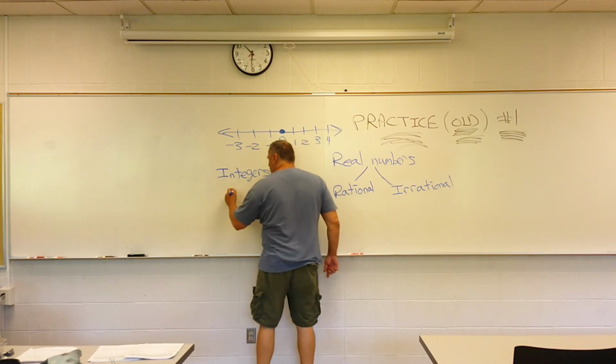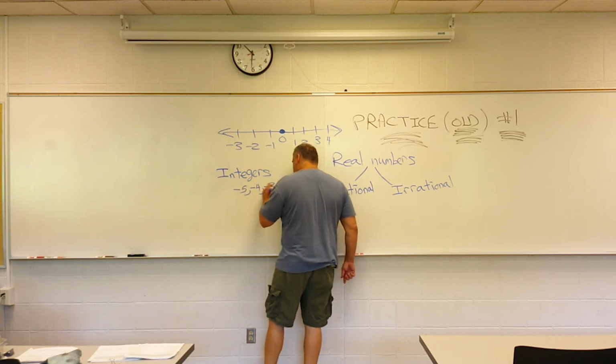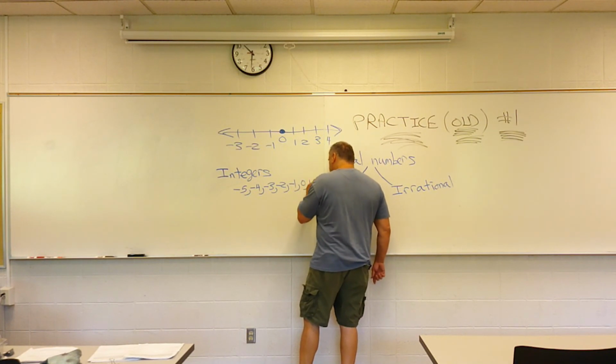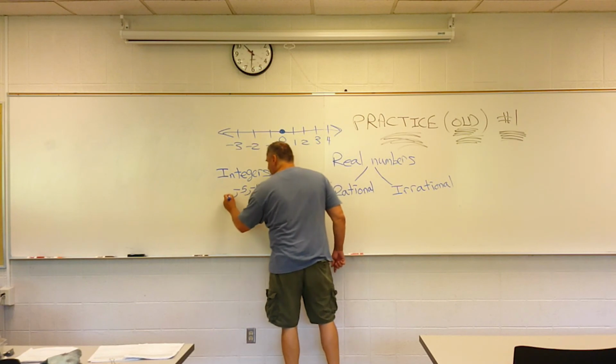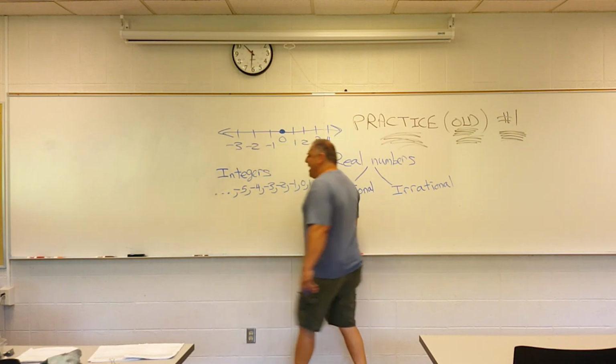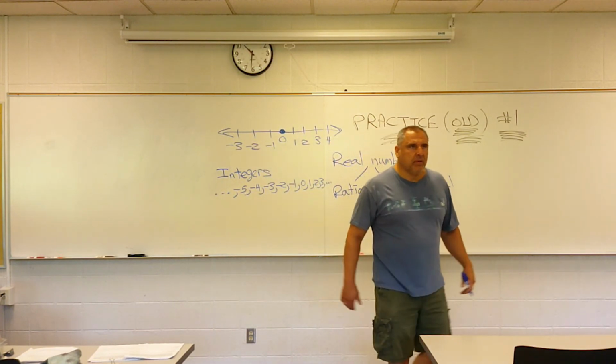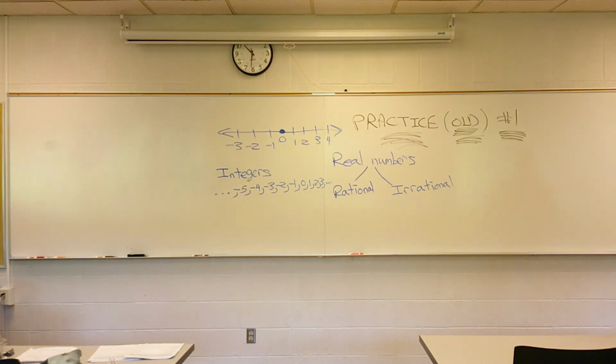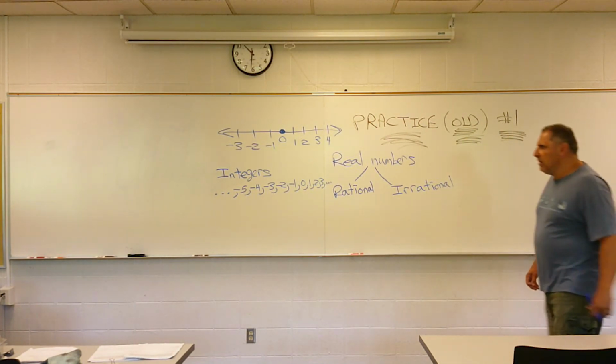The integers are numbers like -5, -4, -3, -2, -1, 0, 1, 2, 3, dot, dot, dot. It's going on forever. They are a whole piece of a number, either 0 or negative or positive. Those are the integers.